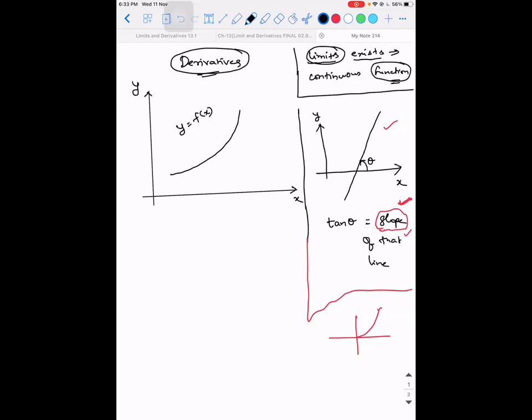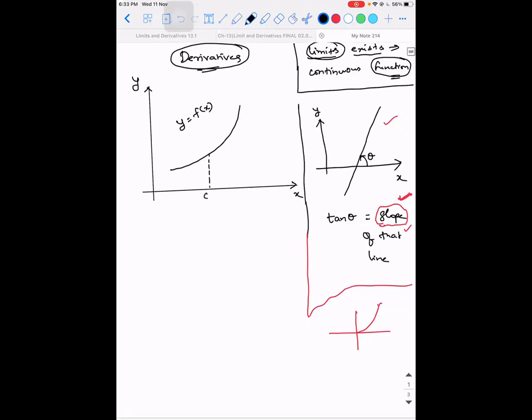So I am taking a point c comma 0 and I'm taking a point c plus h comma 0. Then what is going to be the distance between these two points on the x-axis? h.